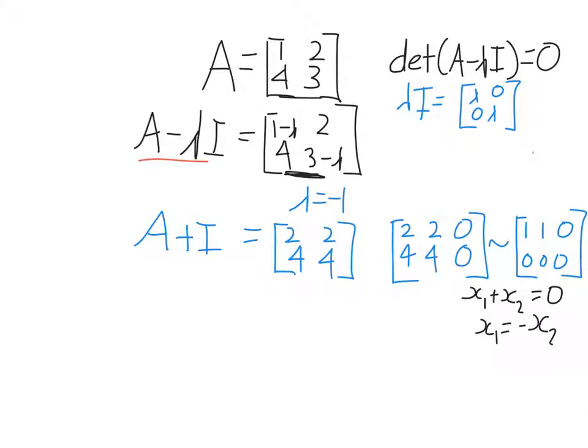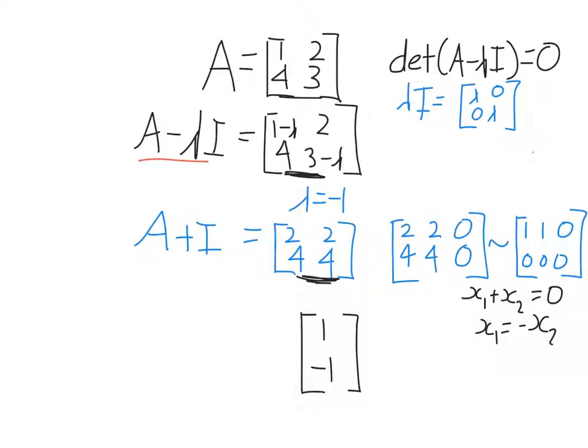Okay, so I have a vector, and any vector will do as long as the first entry is the negative of the second entry. So I could have the vector here 1, -1. So that vector will be an eigenvector, because if I multiply this matrix by the vector, I get the 0 vector.